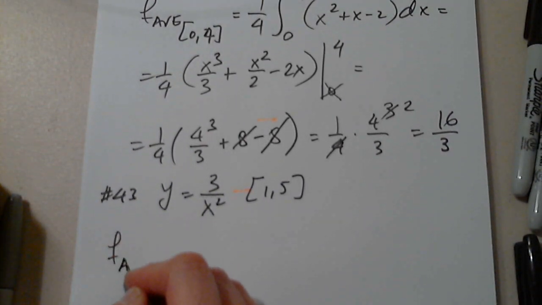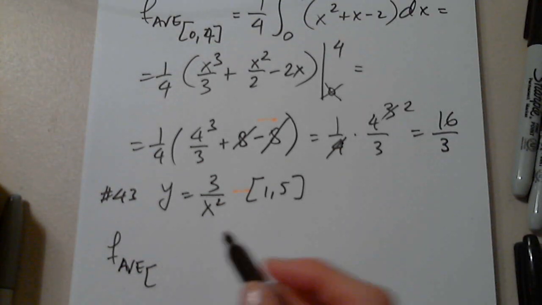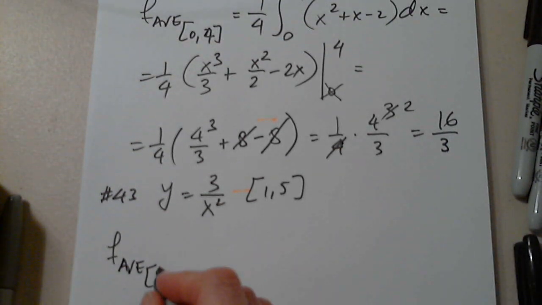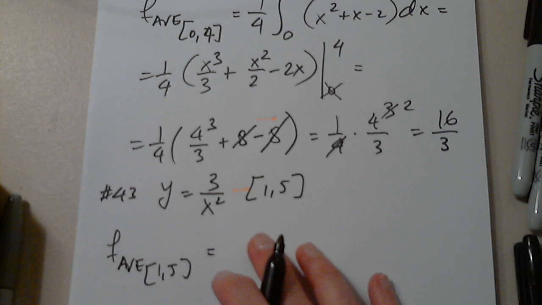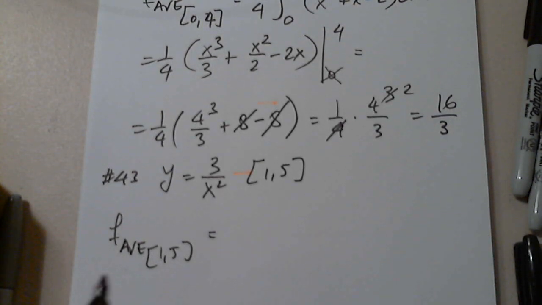So f average, the average value, as you know it's a number, on 1, 5. Can anyone give us a hint on how to write the average value? Is it 1 over 4?